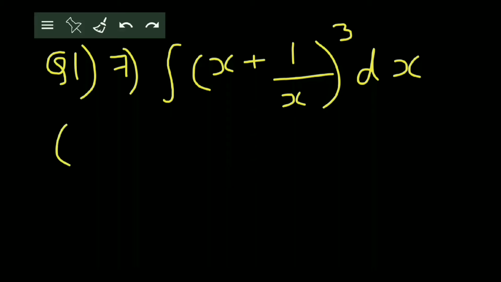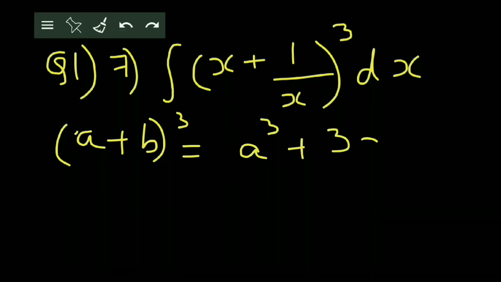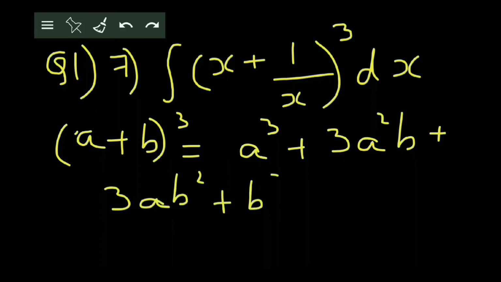We use the formula for a plus b the whole cube, which becomes a cube plus 3a square b plus 3ab square plus b cube.